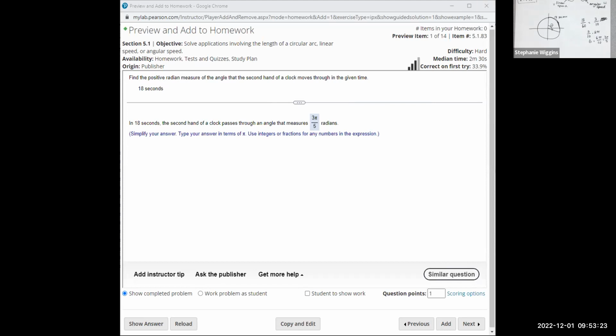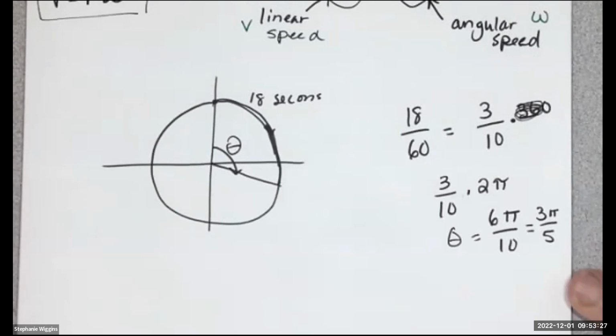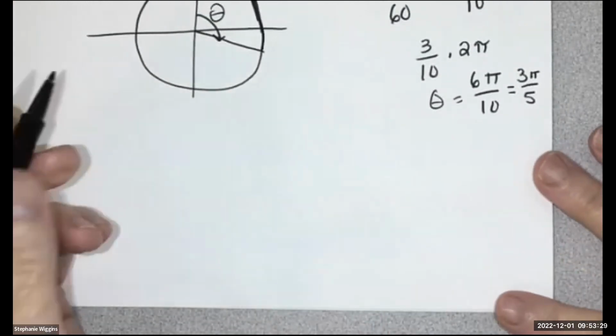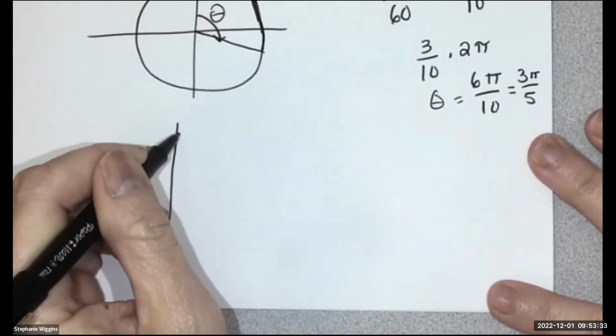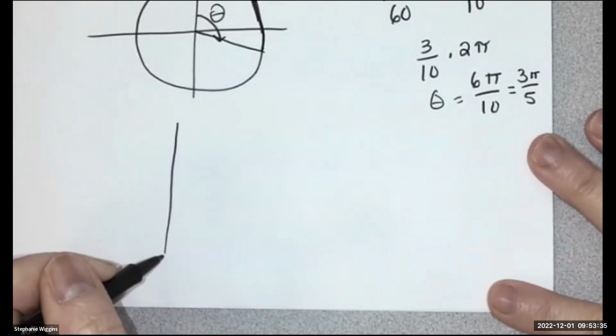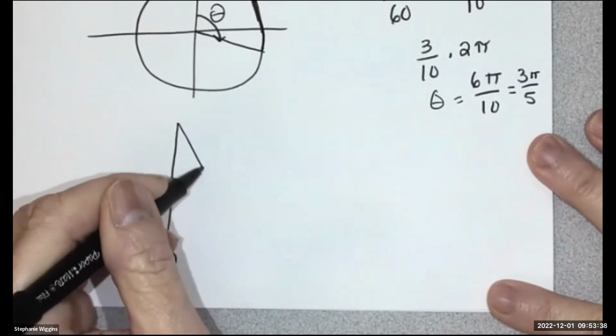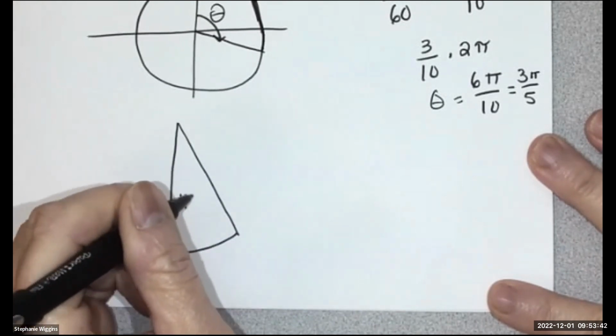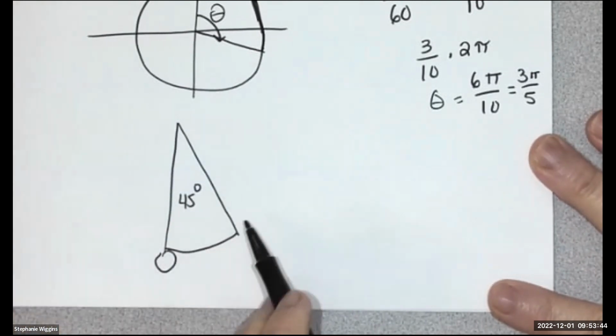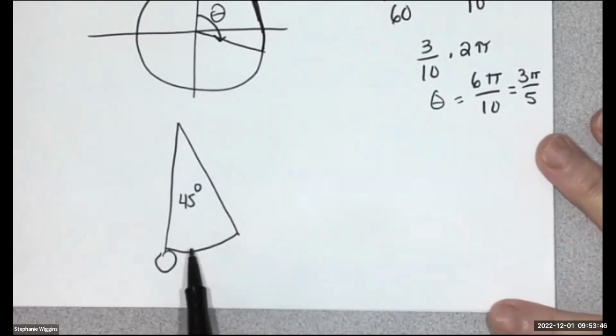Let me show you another example. Let's suppose you have something like a pendulum that's swinging, and you want to find the arc length when it passes through an angle of 45 degrees. That doesn't look like 45 degrees, but just humor me.